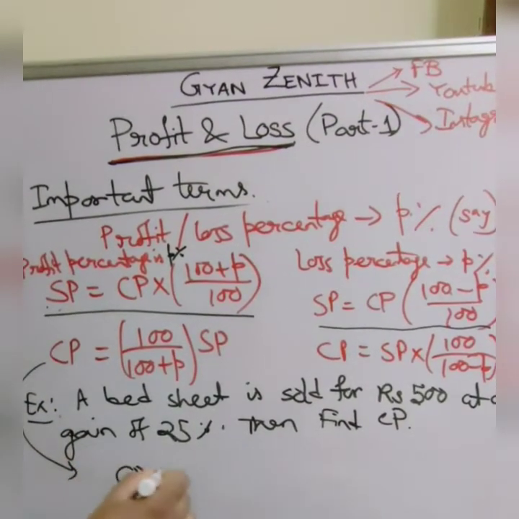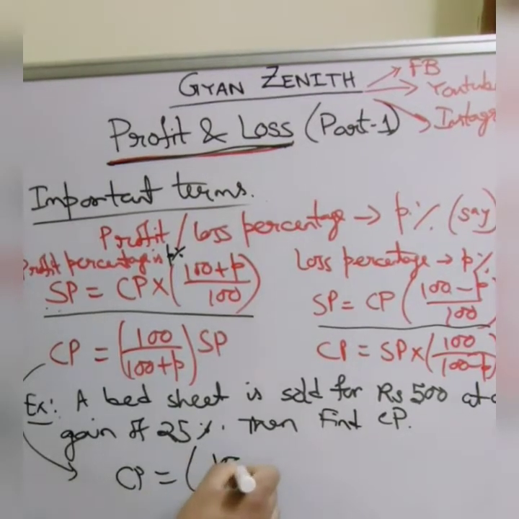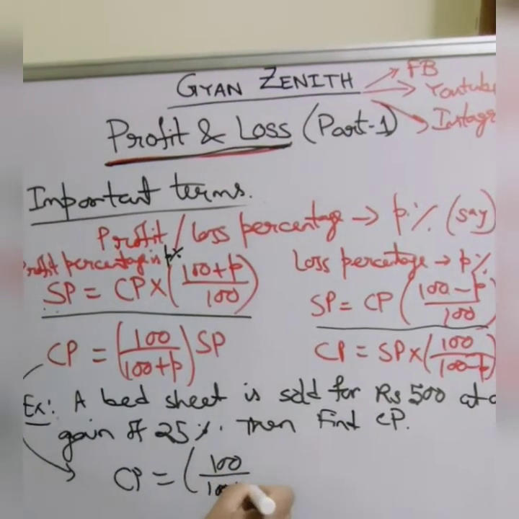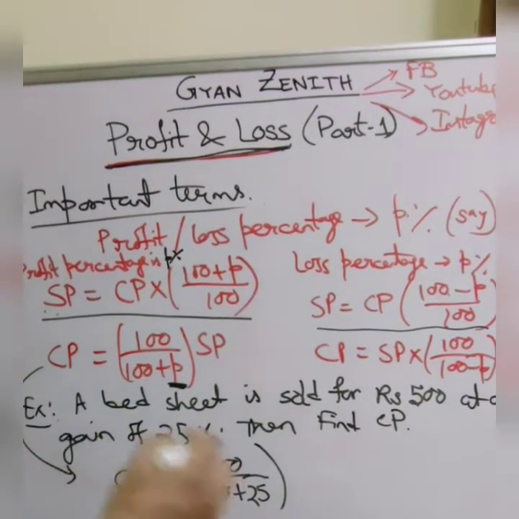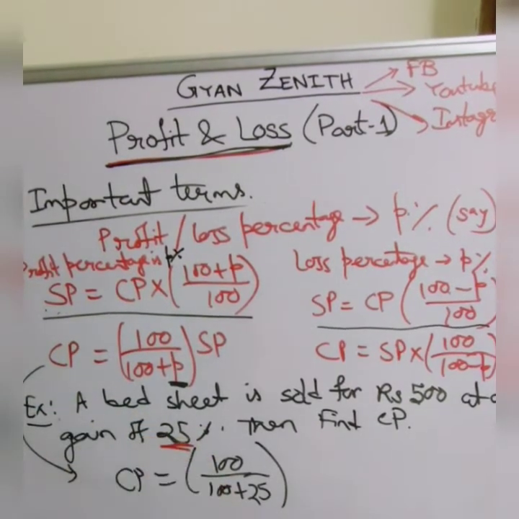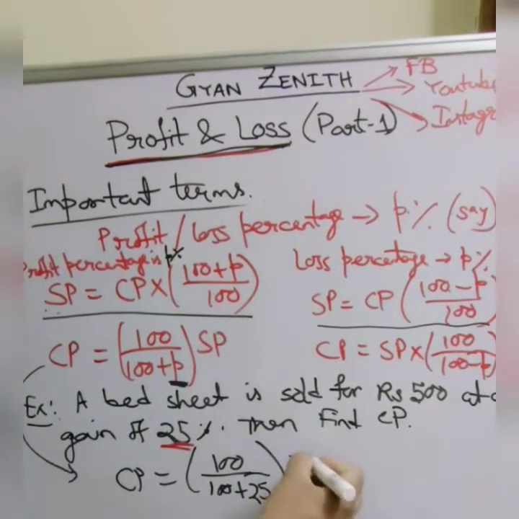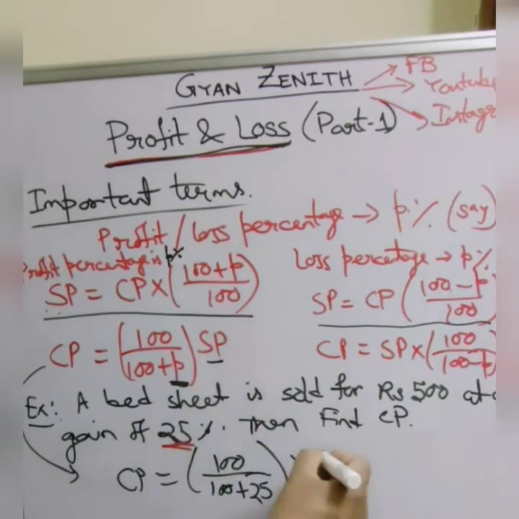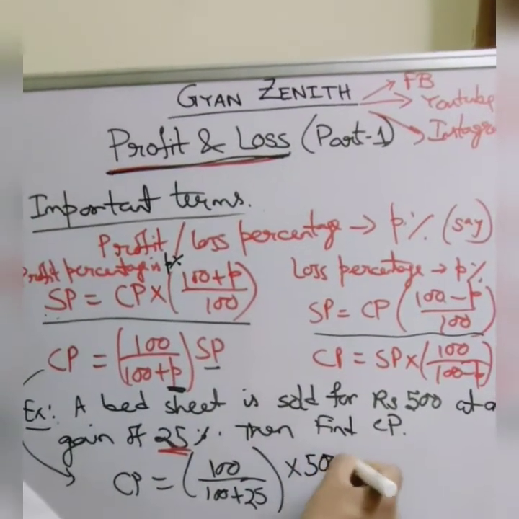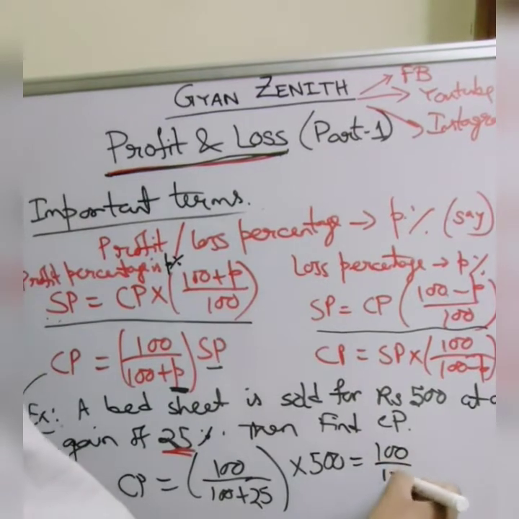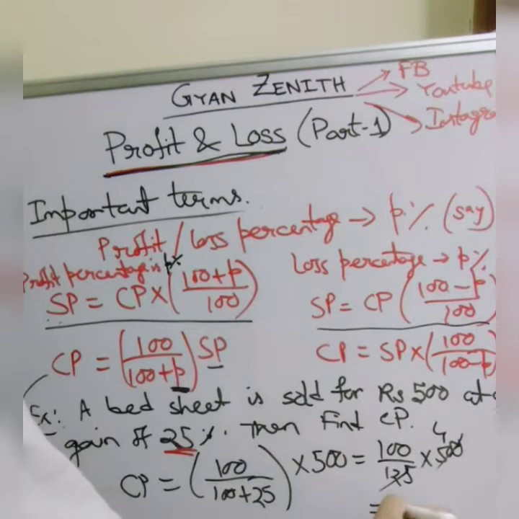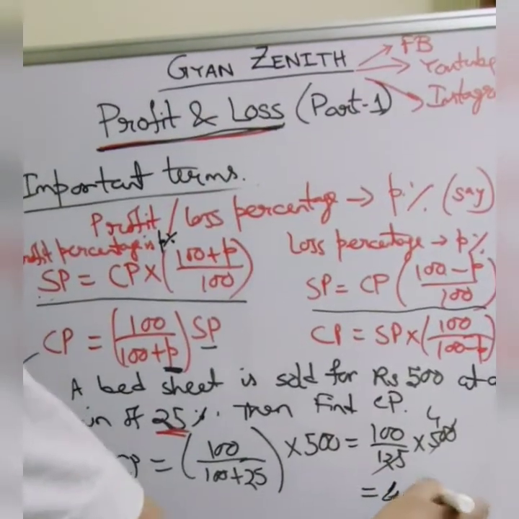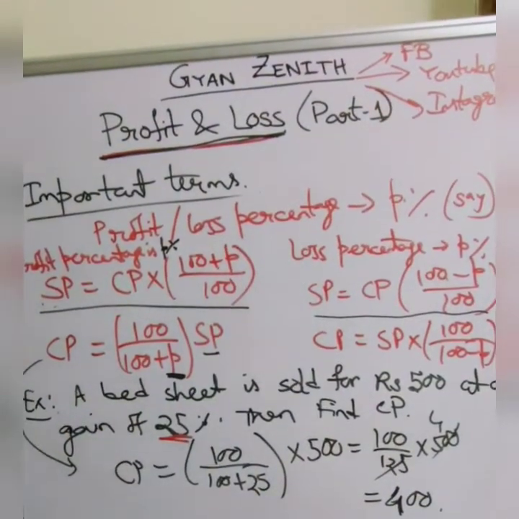CP equals 100 by (100 plus 25) into SP. Why 25? Because this profit percent is 25%. SP is how much? 500. So 100 by 125 into 500 will be 400 rupees. So CP will be 400 rupees.